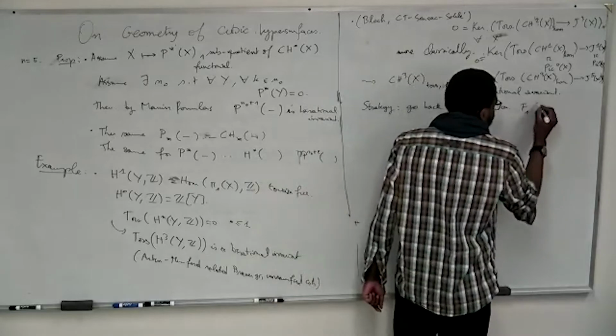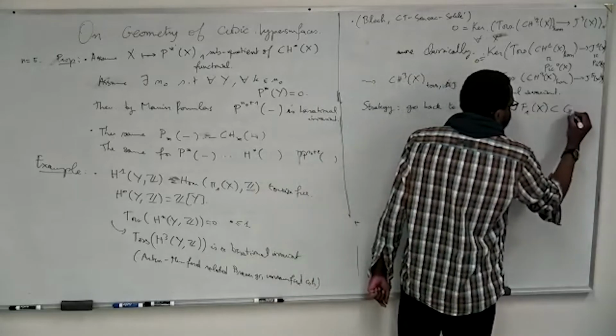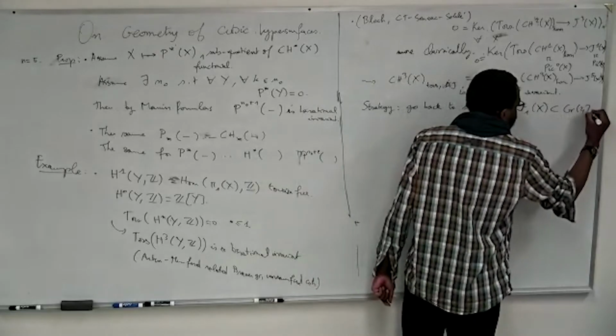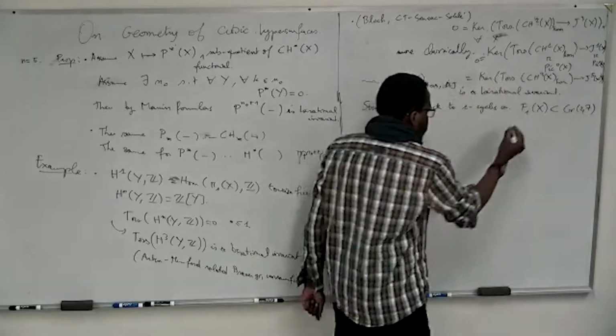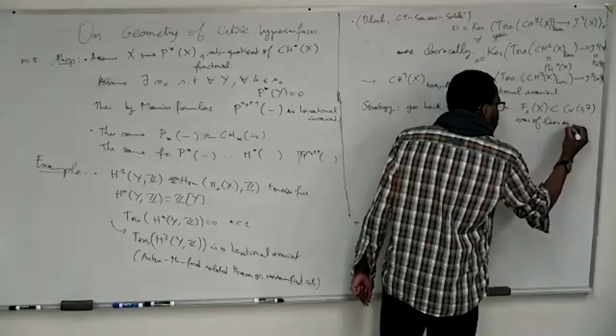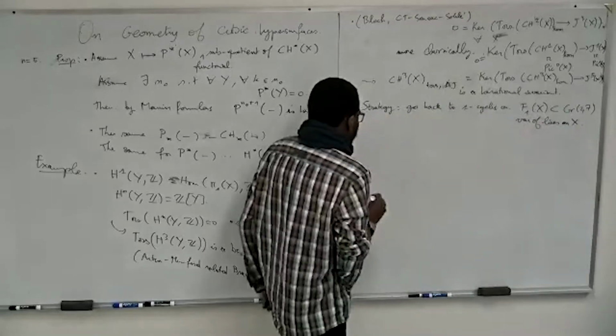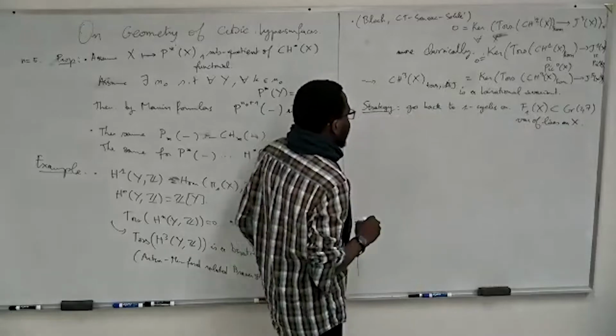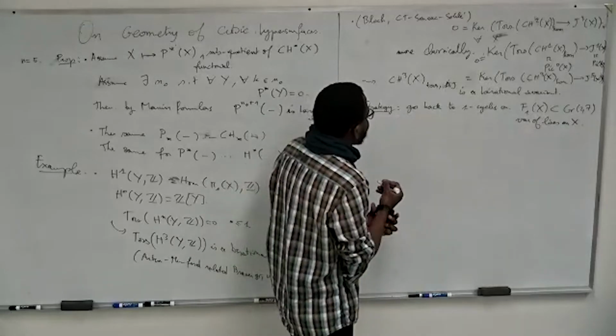So the thing that I know, F of X, is the variety parameterizing lines on the cubic. But it didn't work out so nicely.